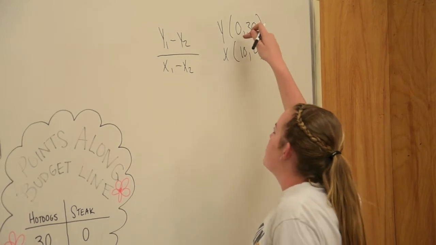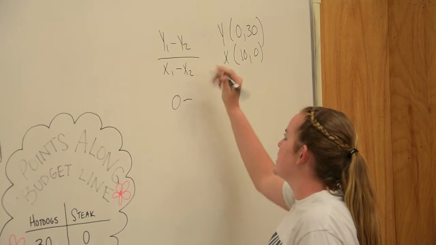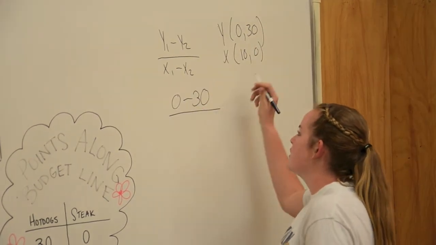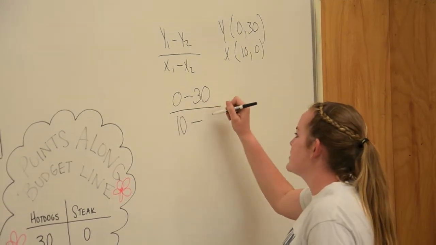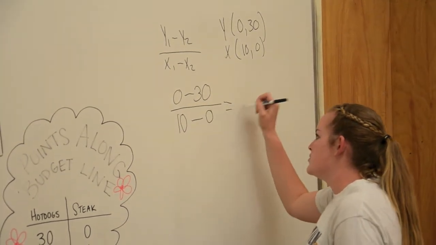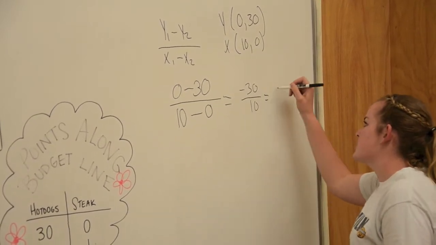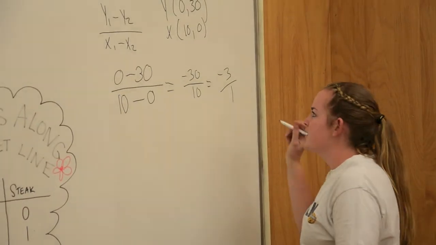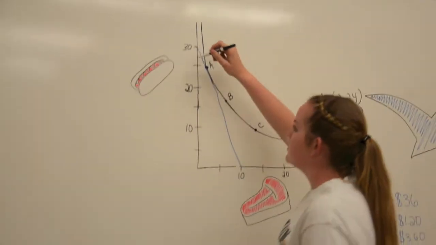Your y1 is 0, minus your y2, which is 30, over your x1, which is 10, minus your x2, which is 0, which will give you -30 over 10, which equals -3 over 1.